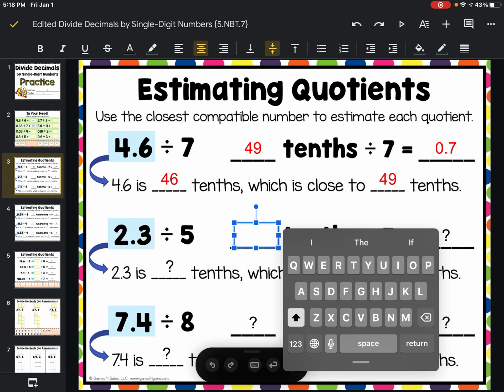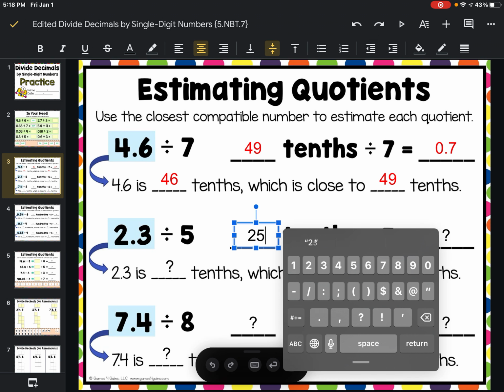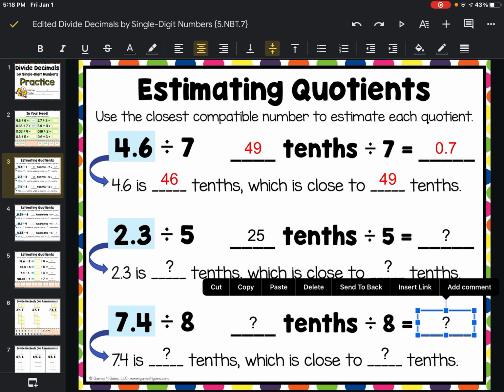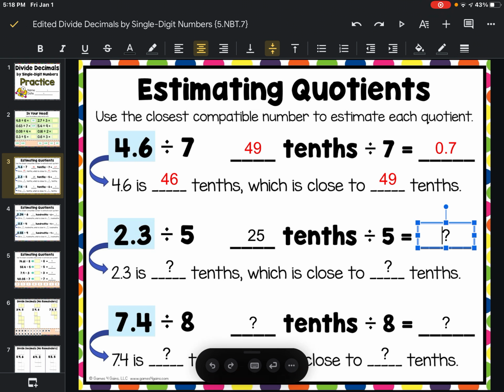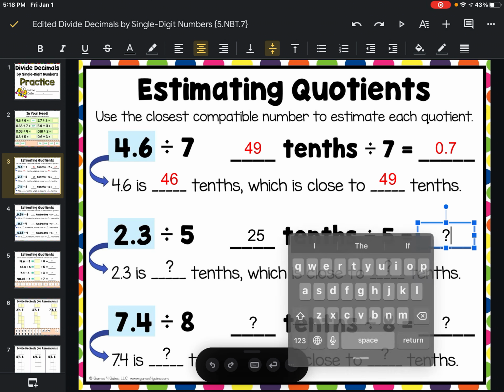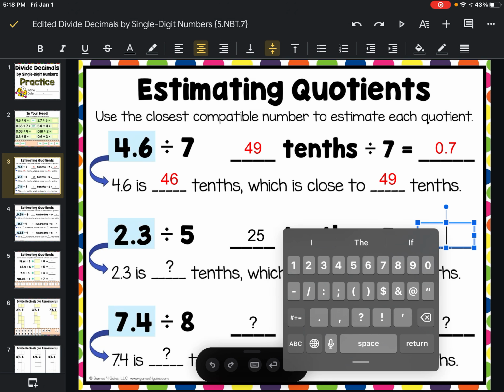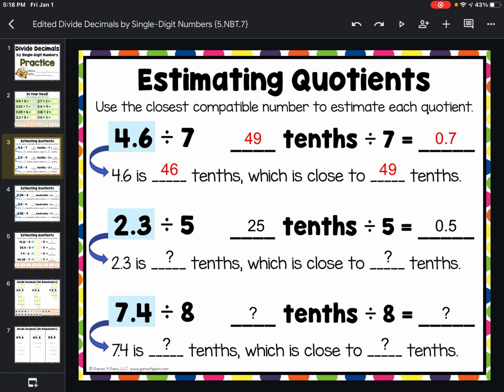So we would have 20 or 25. 25 would definitely be closer. So 25 tenths divided by 5 would be 5 tenths. Don't forget, it's not just 5, it's 5 tenths.